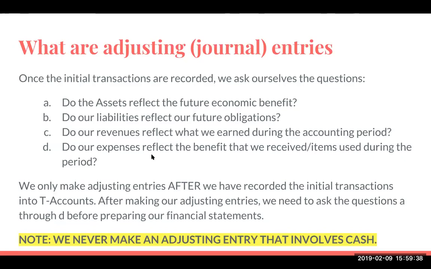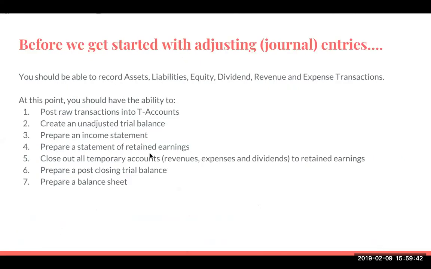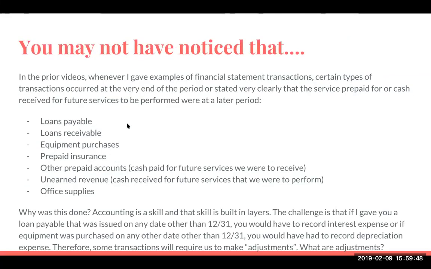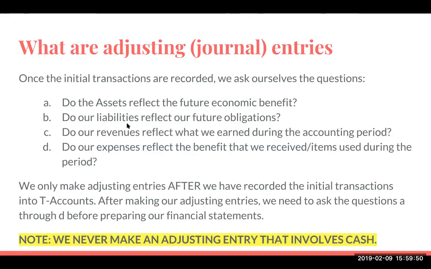So when we're doing adjusting entries, we're going to record everything first. So this part here, post raw transactions in the T accounts, create an unadjusted trial balance, that's not changing. At this point in time, though, we need to be asking ourselves the question, do our assets reflect the future economic benefit? Meaning, if I have an insurance policy, has any of that insurance policy expired?